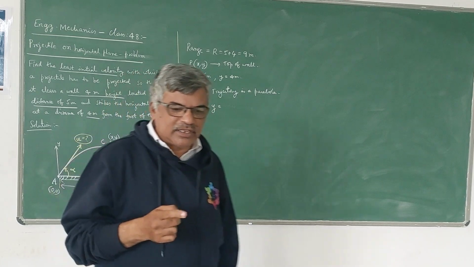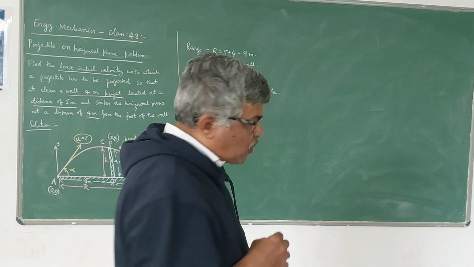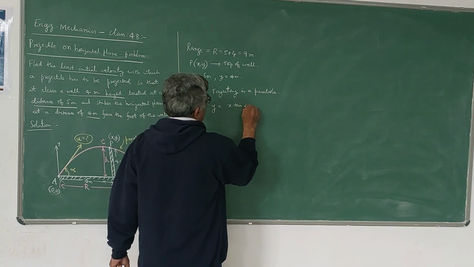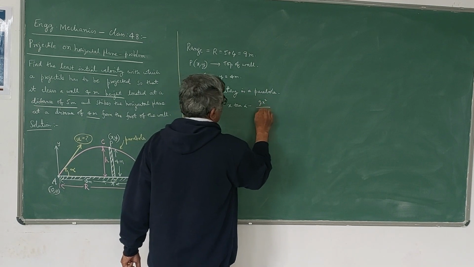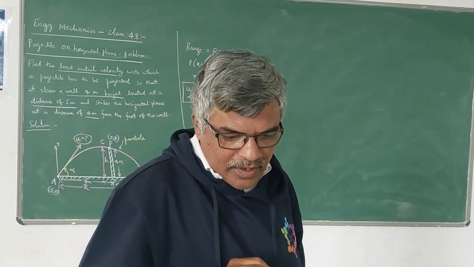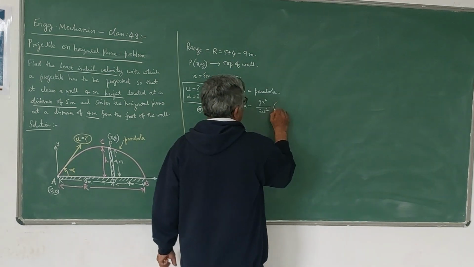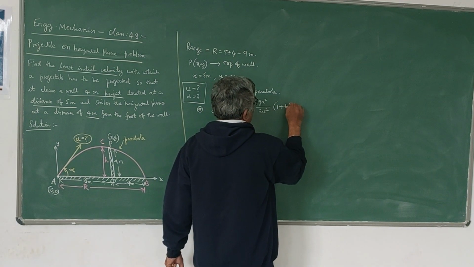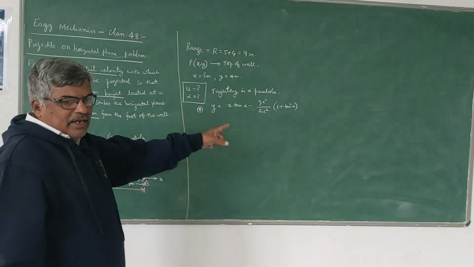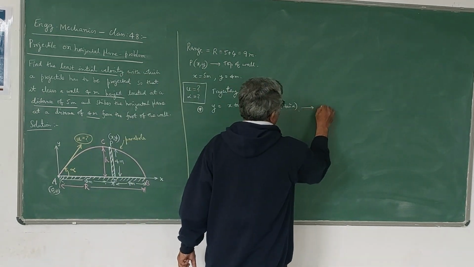So the trajectory equation is a parabola. y is equal to x tan alpha minus g x square by 2 u square into cos square alpha, or you can write it as into 1 plus tan square alpha. Because 1 by cos square alpha is secant square alpha. Secant square alpha can be written as 1 plus tan square alpha. This is one equation. Equation 1.